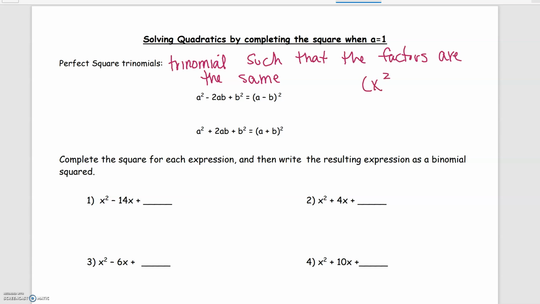So x squared plus 2x plus 1. So x plus 1 and x plus 1, which is x plus 1 squared. We have two of them. Okay, so that's kind of what this form is. One subtraction, one addition.